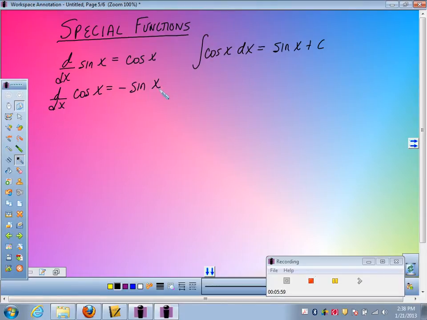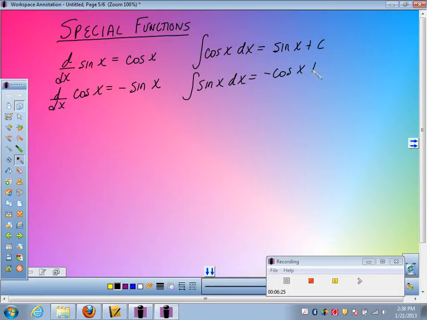Okay. Now, when you see this done in reverse, though, it's not going to be, hey, what's the antiderivative of negative sine? It's just going to be, hey, what's the antiderivative of sine? So, if the derivative of cosine got me a negative sine, it will give you a negative cosine.